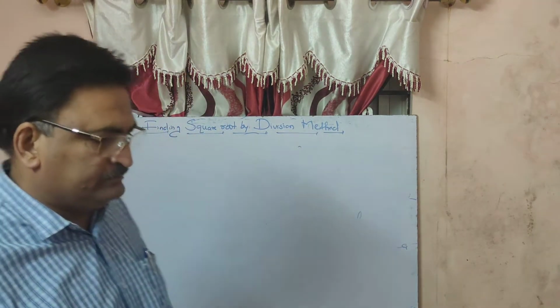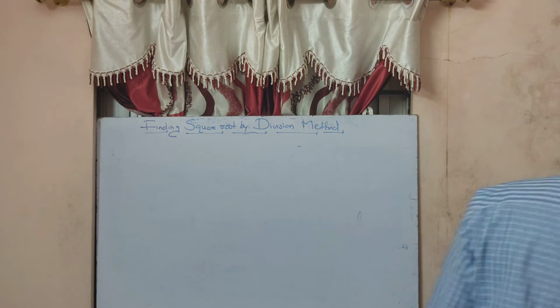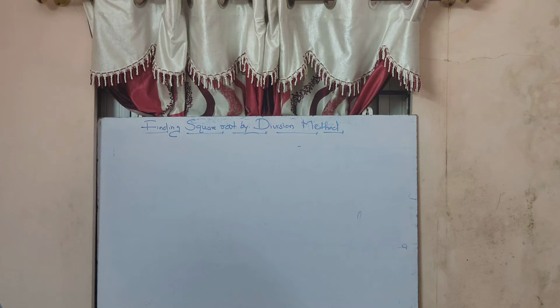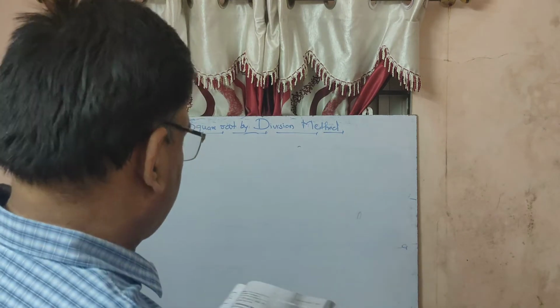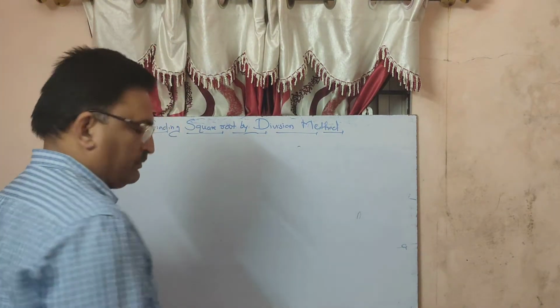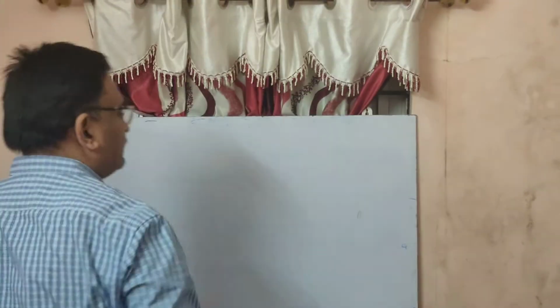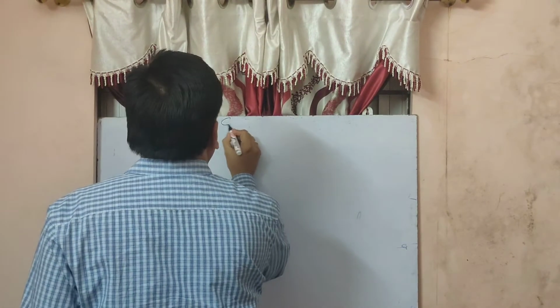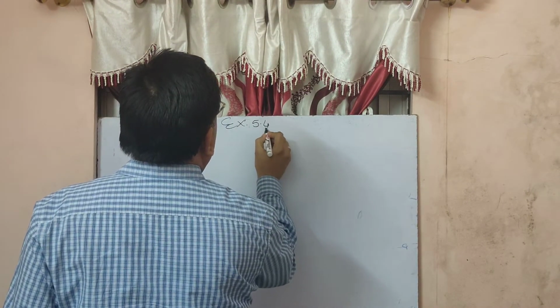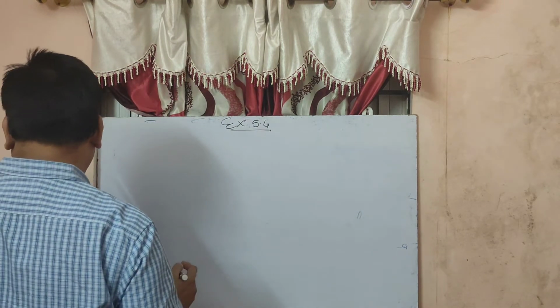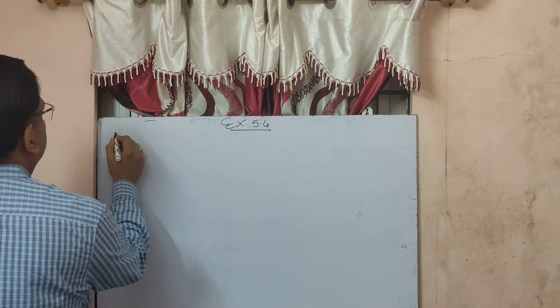Now today we start exercise 5.4. Find the square root of each of the following by the division method.